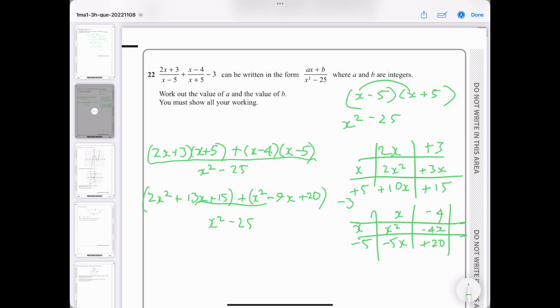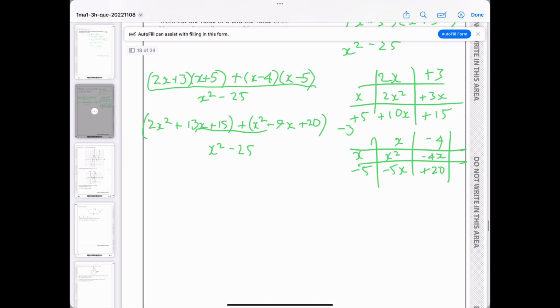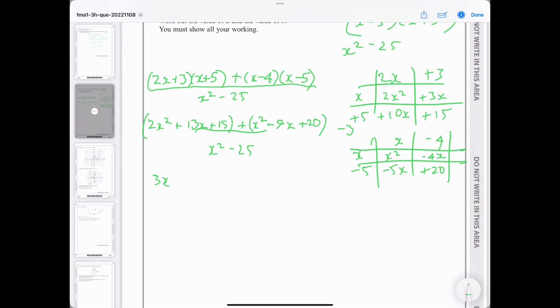I can see this getting in the way a bit. So now we are going to clean this bit up, and then we'll get rid of the 3. So that's 3x squared plus 13x minus 9x, so that's plus 4x, and that's plus 35, all over x squared minus 25, and then minus 3 times x squared minus 25 over x squared minus 25.